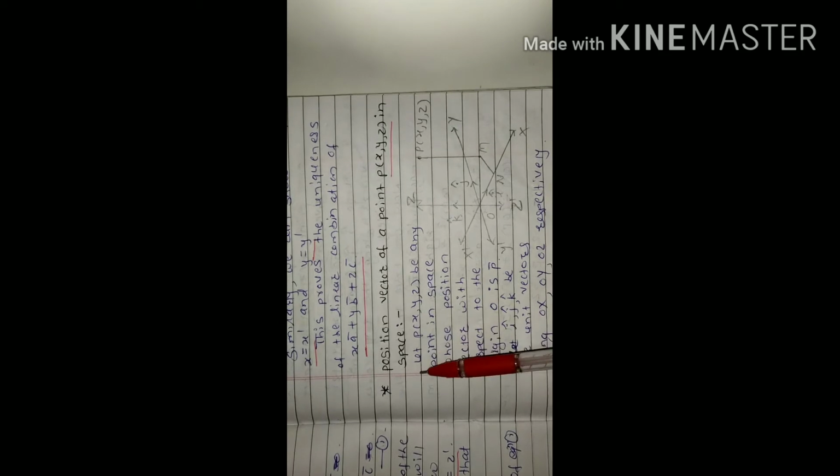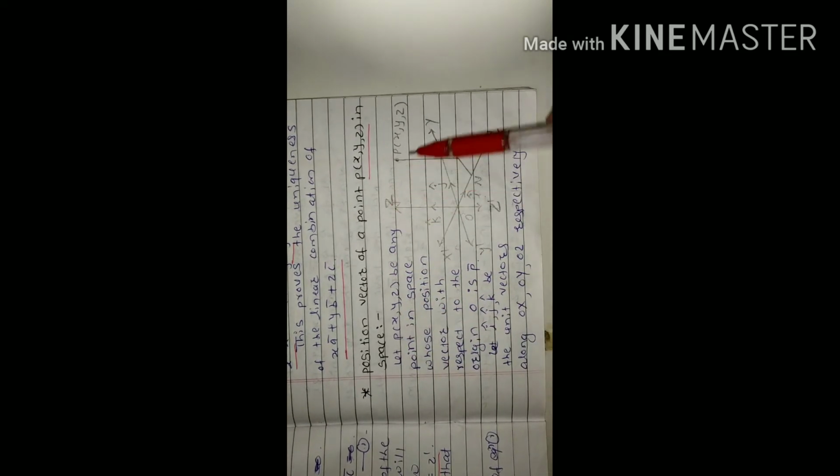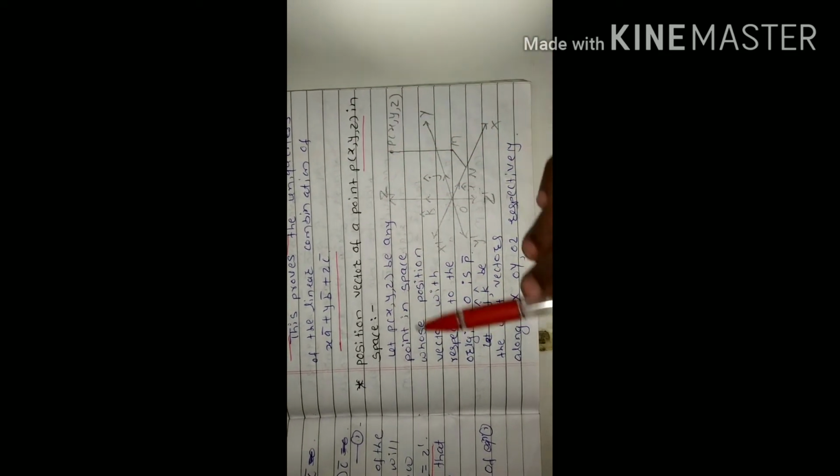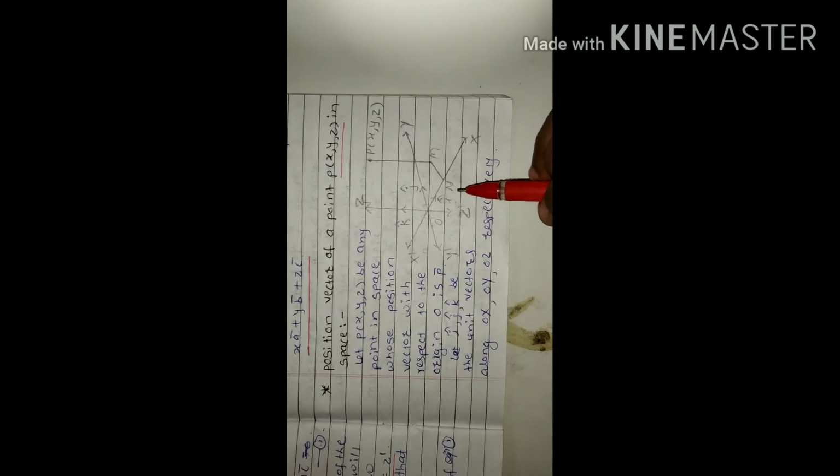Then the next point is the position vector of a point P (x, y, z) in space, finding out the position vector. Let me take the x-axis, y-axis and z-axis. Here, that is x-axis X dash, y origin Y dash and z origin Z dash in the above diagram.